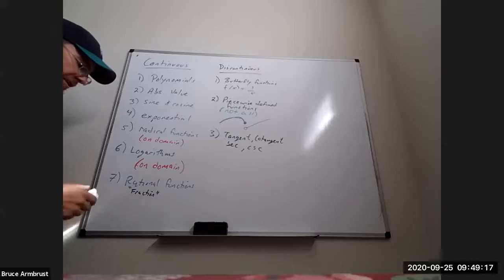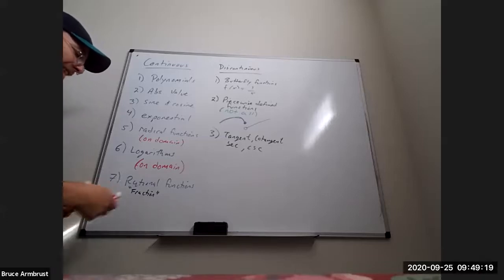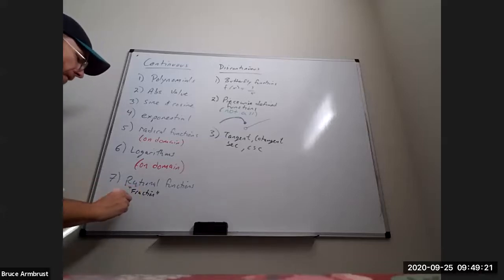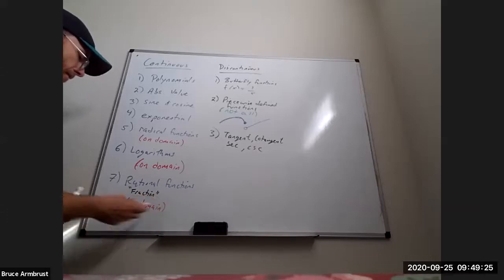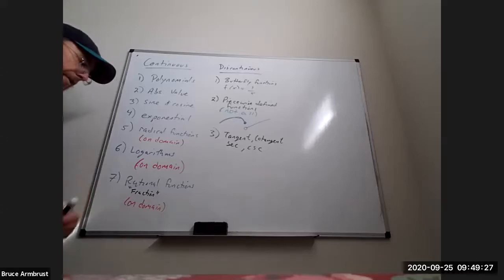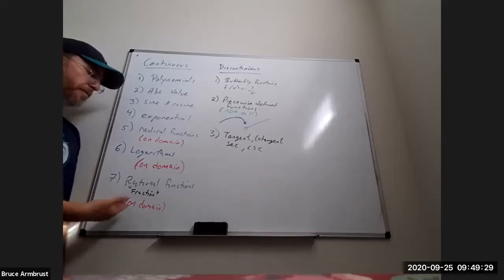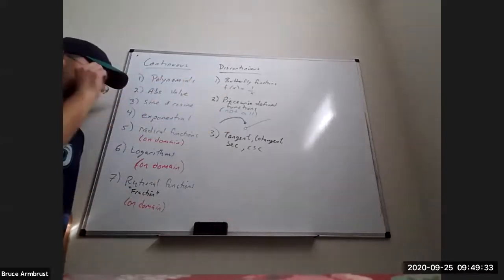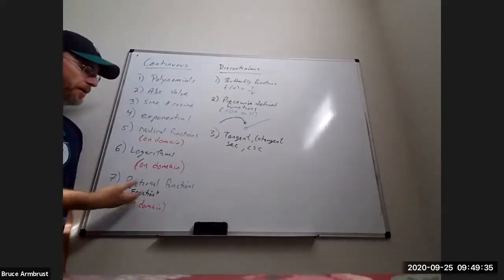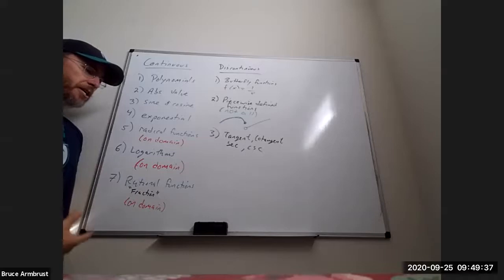So fractional functions. And these are also continuous on their domain. Now, this one, though, there will be jumps over those asymptotes sometimes, like with the butterfly function. But I like to think of it more as a continuous function, except for a couple of places.